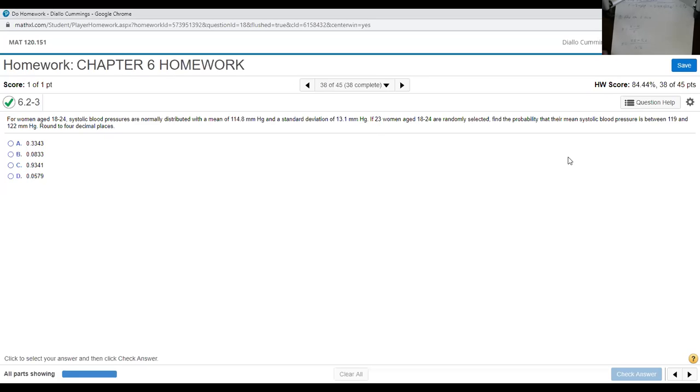We're finding the area between 119 and 122, which are non-standard scores, so we must standardize these. We'll convert both to z-scores and then use normalcdf to find the area between these 2 z-scores.